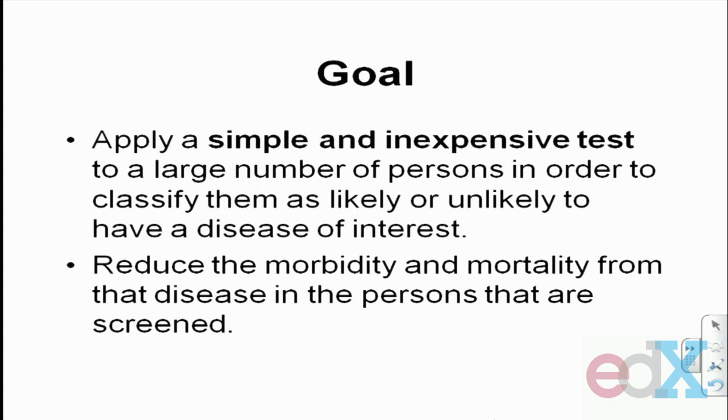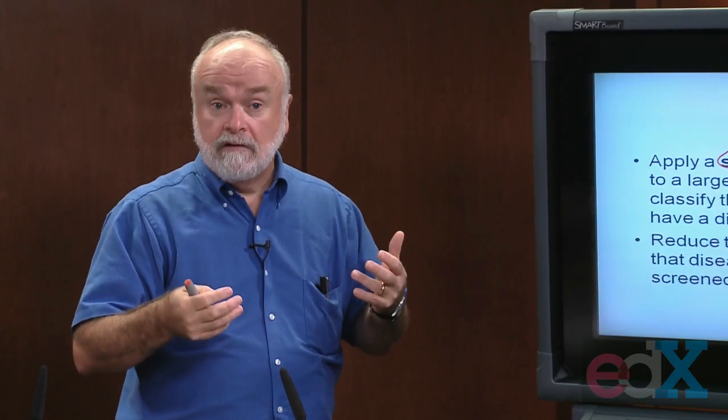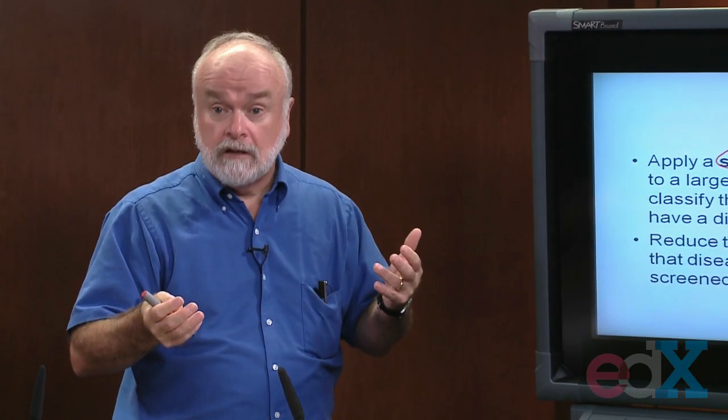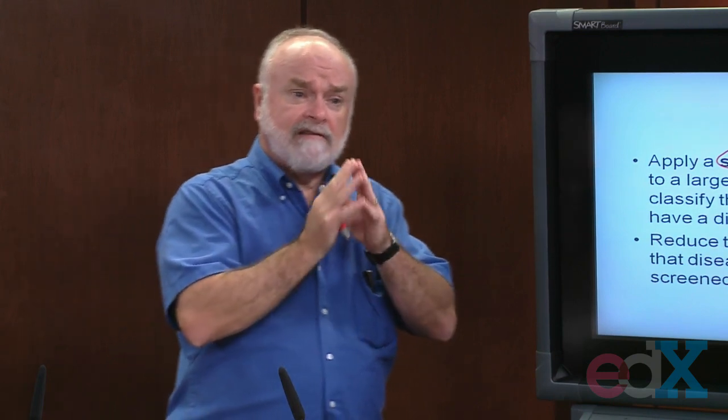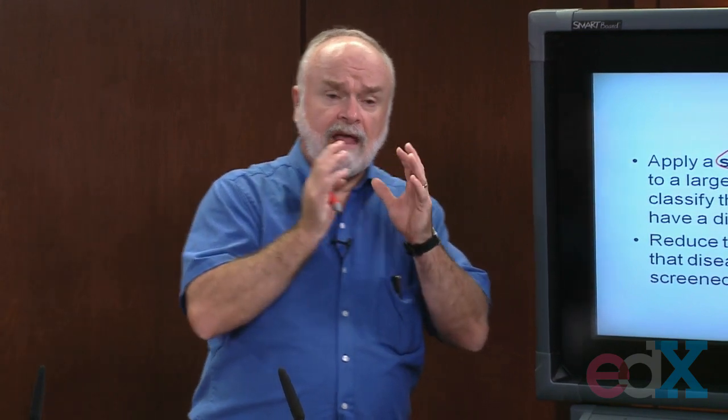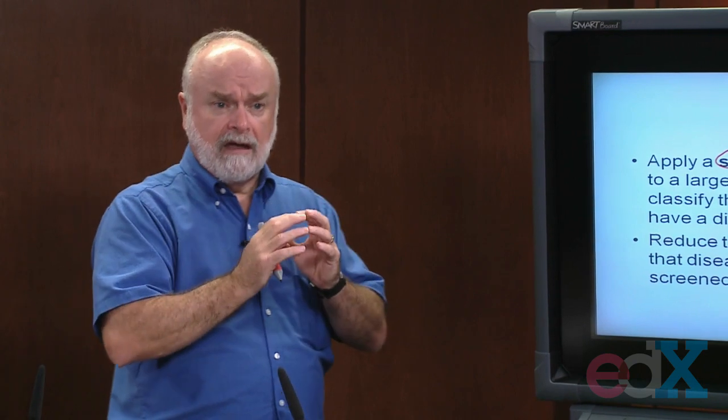So first, some definitions or some big pictures about what screening is supposed to accomplish. Screening involves using a simple and inexpensive screening test to give to a large number of people who don't have a disease, or at least they don't know they have a disease, or they haven't been diagnosed with the disease yet, in order to classify people as likely or unlikely to have that diagnosis.